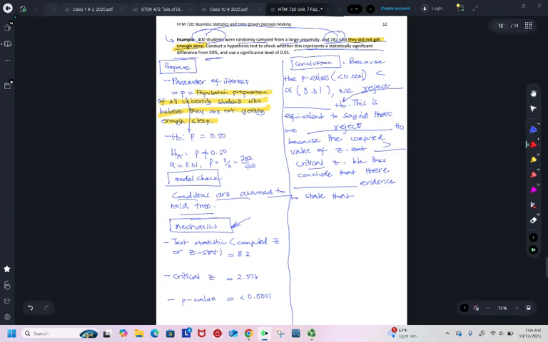So if we are rejecting the null hypothesis, in this case we are going in favor of the alternative, which we really wanted to test if we have sufficient evidence for. We thus conclude that there is sufficient evidence to state that our P is not equal to 0.50. That is, this represents a statistically significant difference from the 50%.